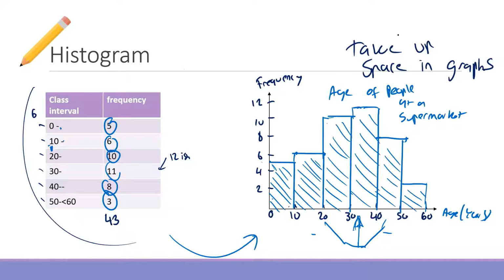As we move out towards the edges of the data, these values are less popular. They occur less frequently, so you're less likely to get a number between 0 and 10 or 50 and 60. And so we can get an idea of what you would refer to as the shape of this graph.